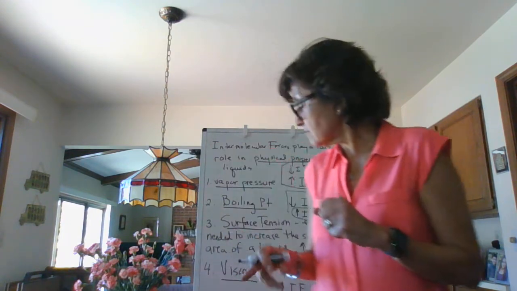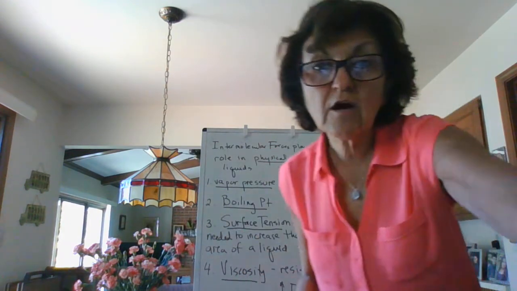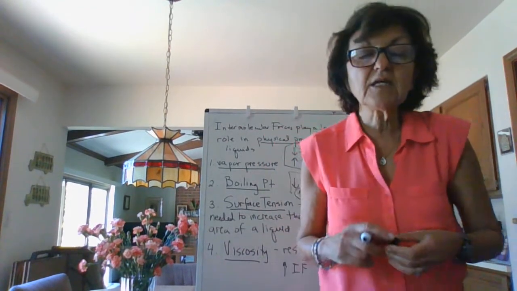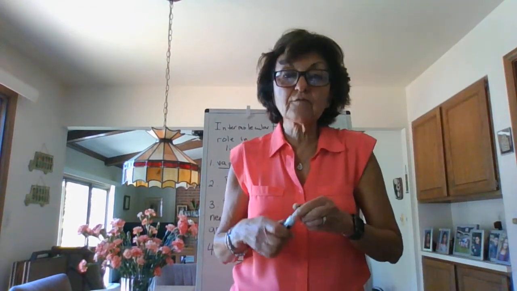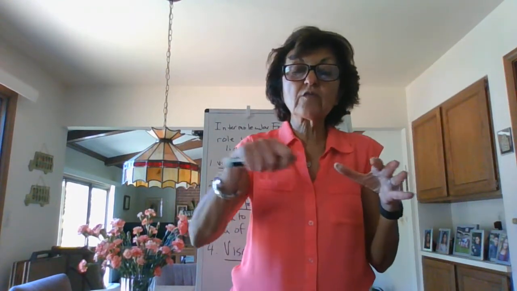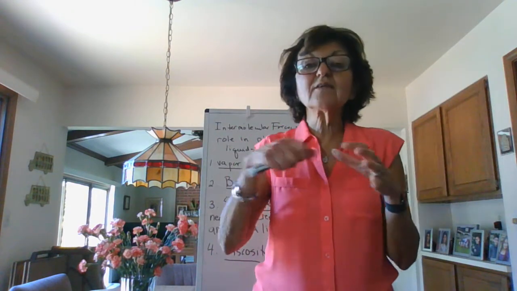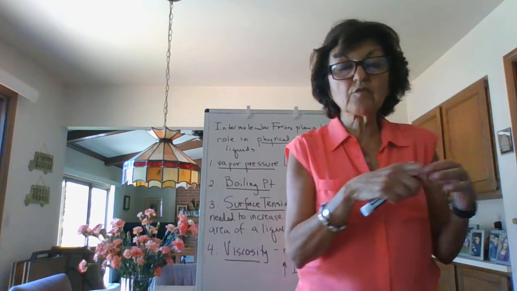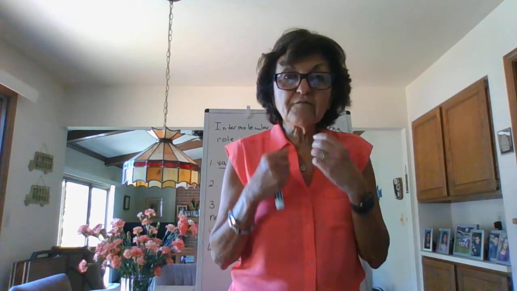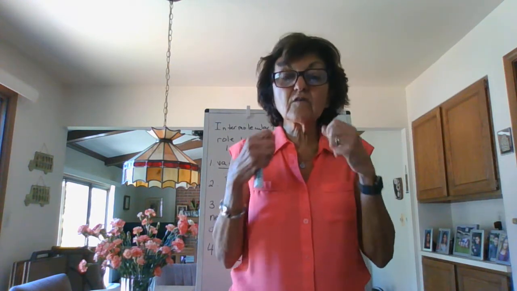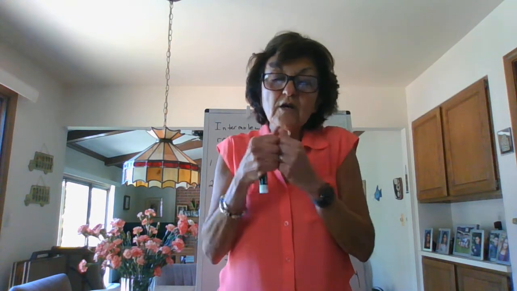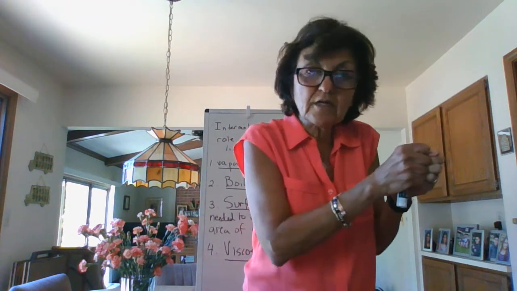Okay? Next one is viscosity. What does viscosity mean? That means resistance to flow. Just think of something going through a pipe. One is going really easily and one is having a really hard time going through the pipe. So when something is viscous, it's viscous because there are a lot of intermolecular forces. So again, the molecules are so attracted to each other, they don't flow very easily.